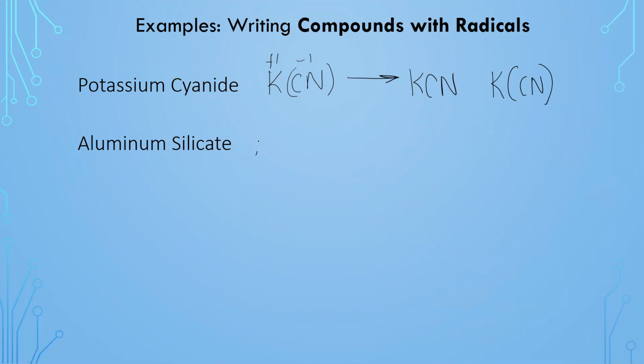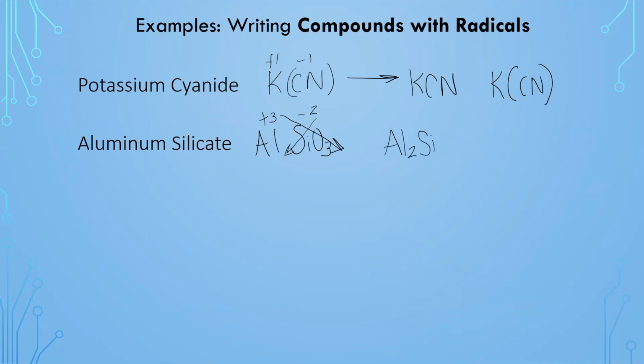So aluminum is Al, has a charge of +3, and silicate, SiO3, and the charge of silicate from my radical sheet altogether is a -2. So these do not cancel, which means I have to crisscross. So the 2 is going to come down and become aluminum's subscript, and the 3 is going to come down and become silicate's subscript. Except I can't write it like this.